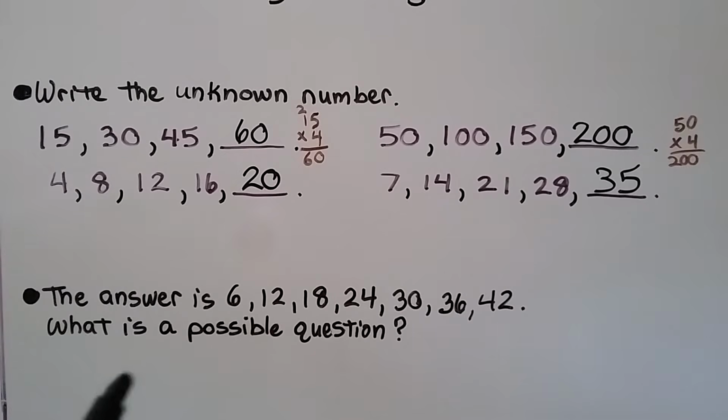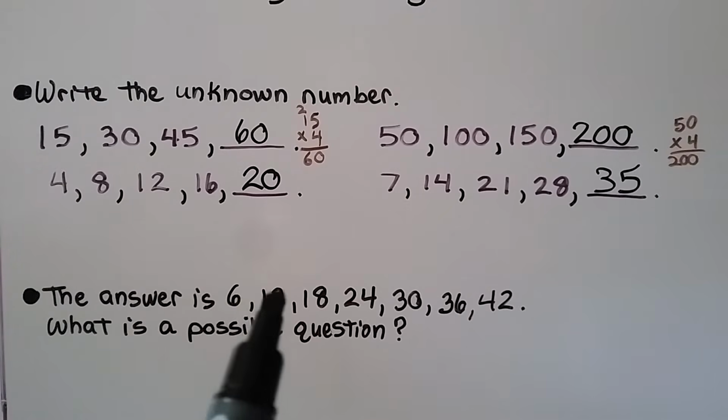This one says the answer is 6, 12, 18, 24, 30, 36, 42. Well, if that's the answer, what is a possible question that would fit that answer? What do you think these numbers are? Well, if you said they're multiples of 6, you're right.